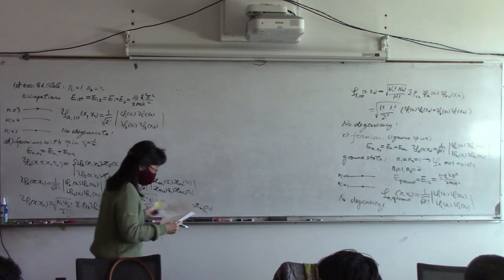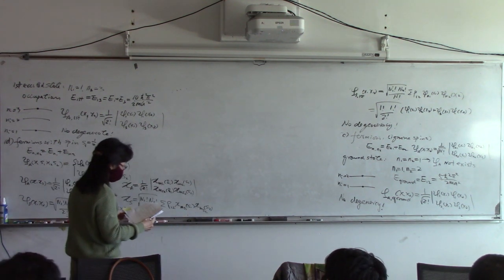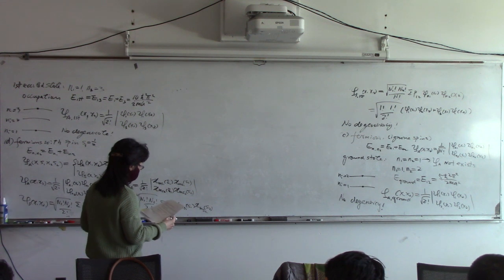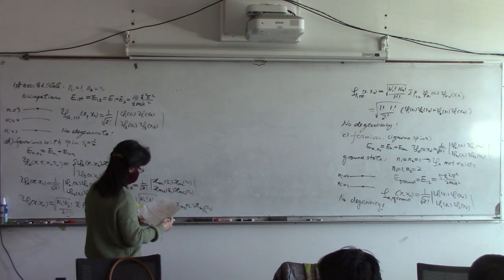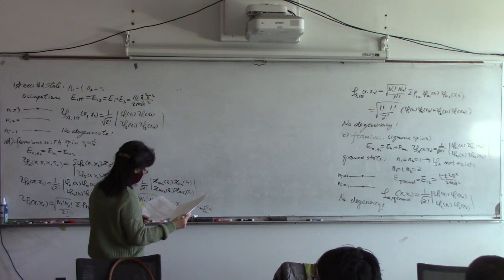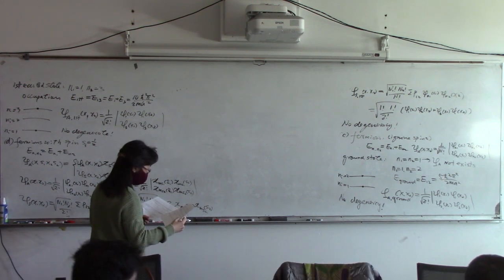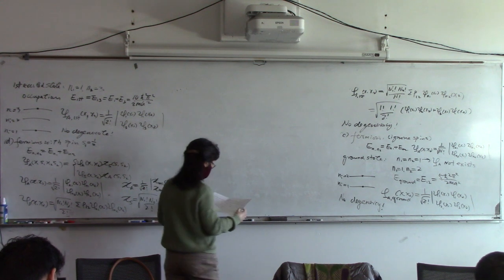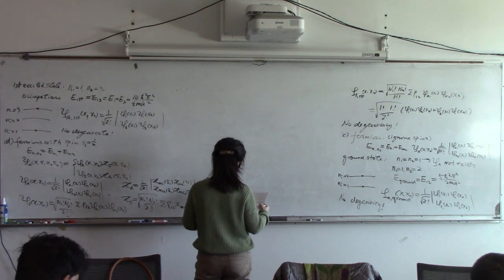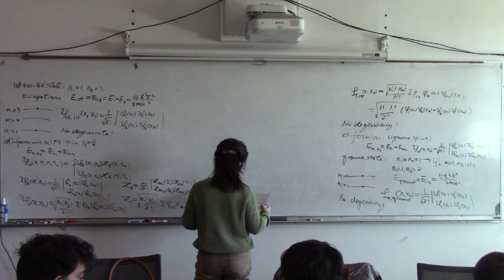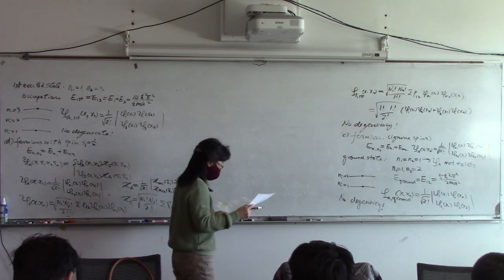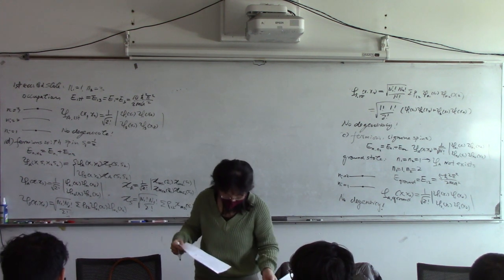Now we have the general form, so now let's go to this symmetric and antisymmetric. Now let's consider this. Now this ground state is interesting.